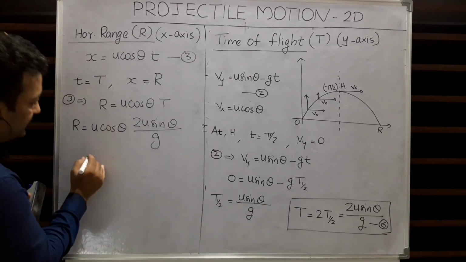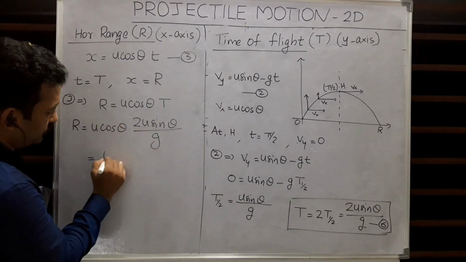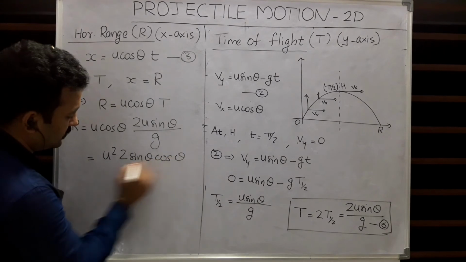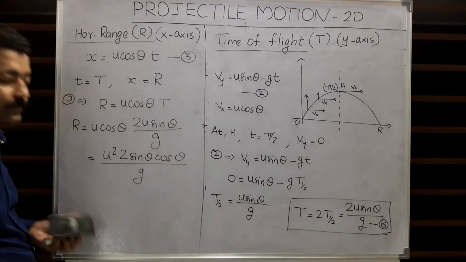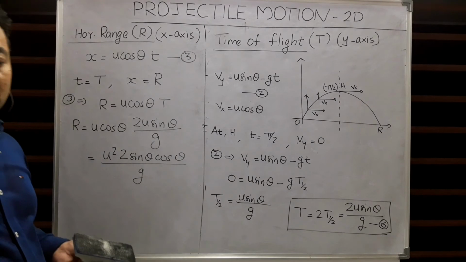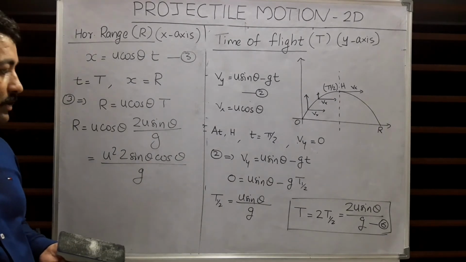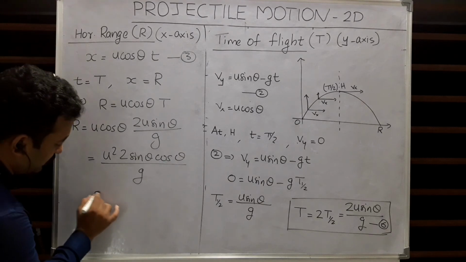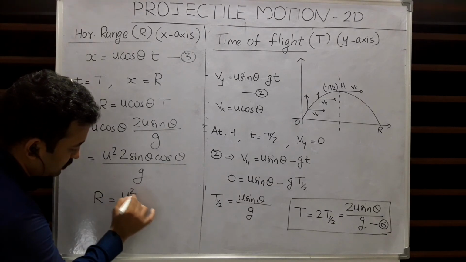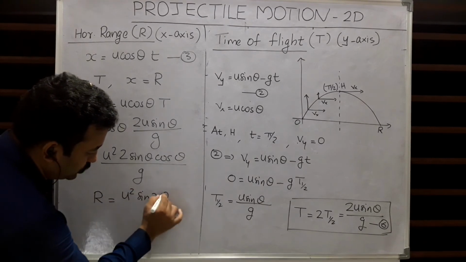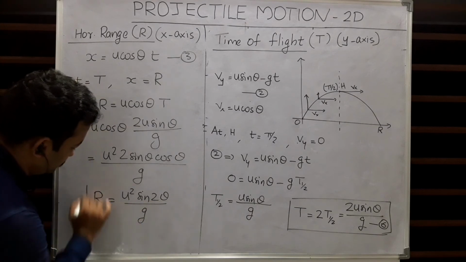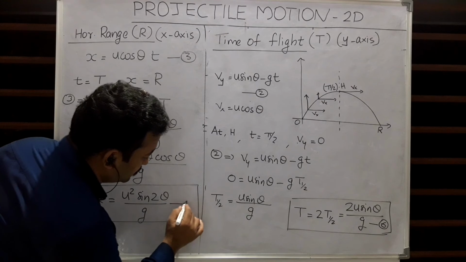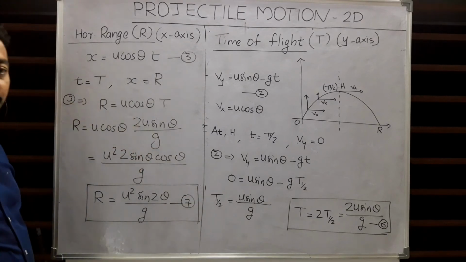What I will get over here is u square, 2 sin theta cos theta over g. 2 sin theta cos theta, like 2 sin A cos A, is nothing but sin 2 theta. So this equation for range becomes u square sin 2 theta over g. Equation 7 of analysis of the projectile.